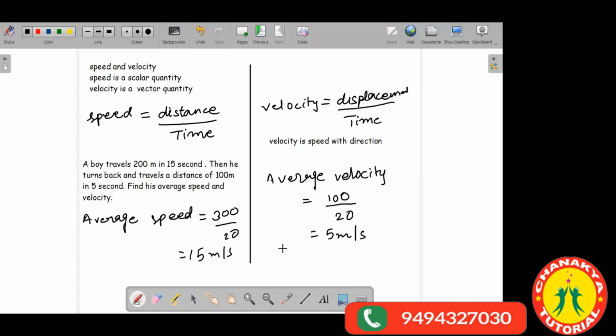So I hope you have understood the differences between speed and velocity. Now, what can you say about the speed and velocity if the object moves in a straight line without turning back? Then average speed and average velocity will be equal to each other, right? This is a very important point. We can note it down.